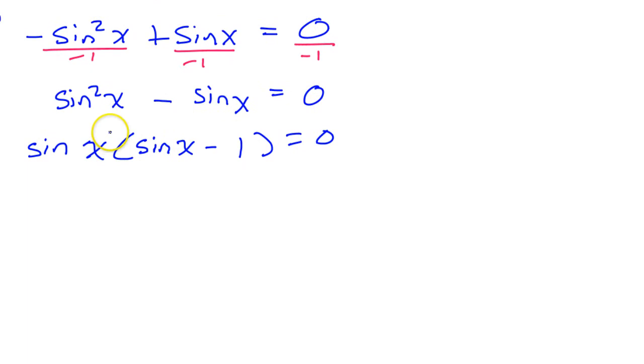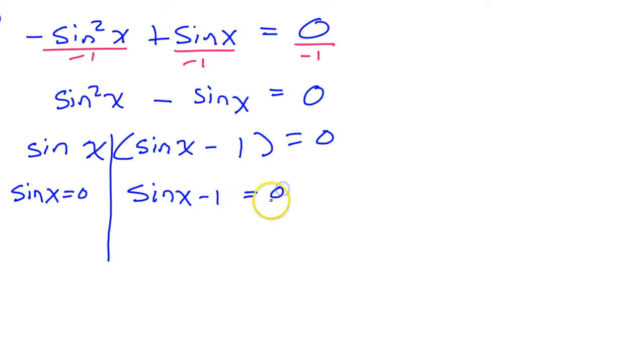Okay, now that I have factored it, I can use the zero product property and set each of these factors equal to 0. So sine x will equal 0, or sine x minus 1 will equal 0. This is already solved. To solve this one, I would just add 1 to both sides, so that'll give me sine x is equal to 1.